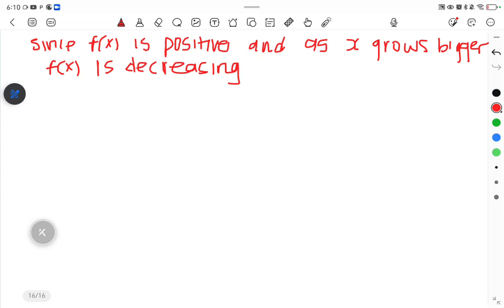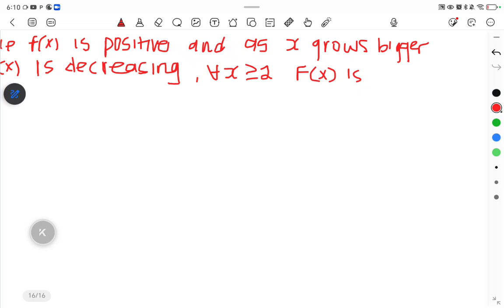We realize that this will decrease as x gets bigger, right? And for all x greater than or equal to 2, f of x is continuous.